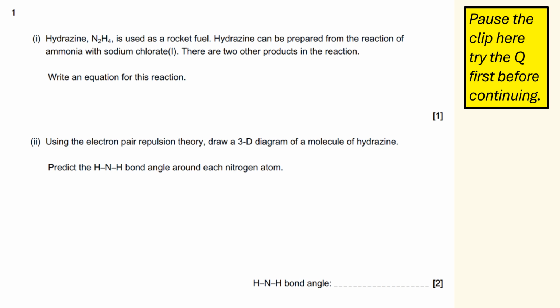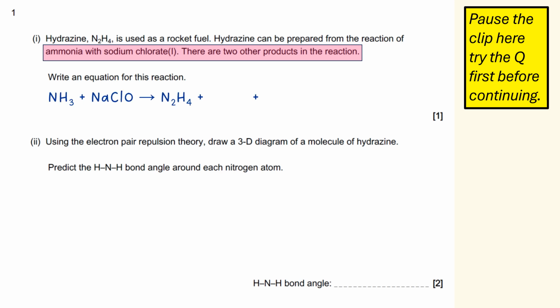Okay, welcome back. Let's have a look at how we might process it. You're looking at ammonia with sodium chlorate(I). Remembering your redox, sodium chlorate(I) would have chlorine in the +1 oxidation state, so it would be NaClO. Now they want two other products.